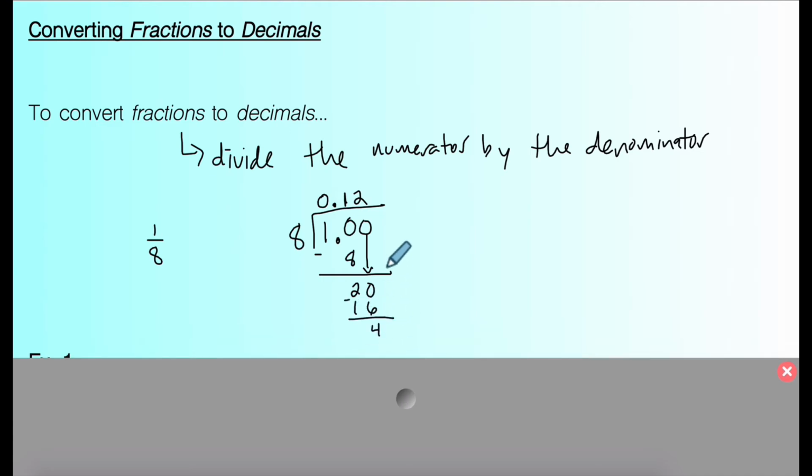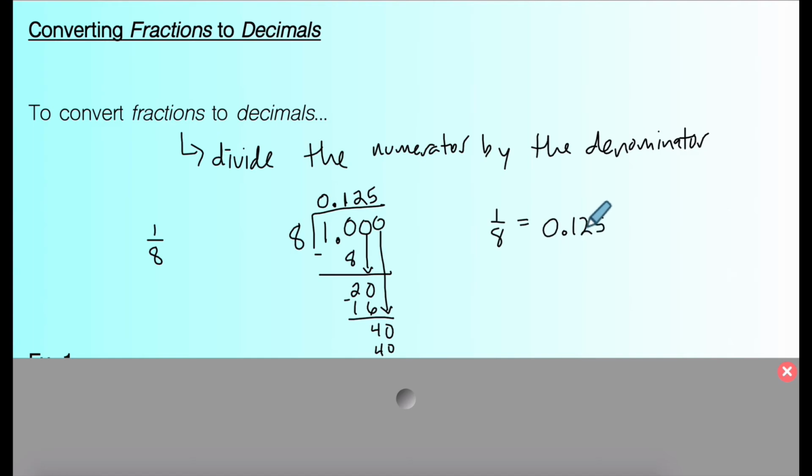Subtract, add another 0 to bring down, and 8 can go into 40 5 times. 8 times 5 is 40 exactly, so there's nothing left over. So what that means is 1/8 written in decimal form is 0.125. 1/8 is equivalent to 0.125.